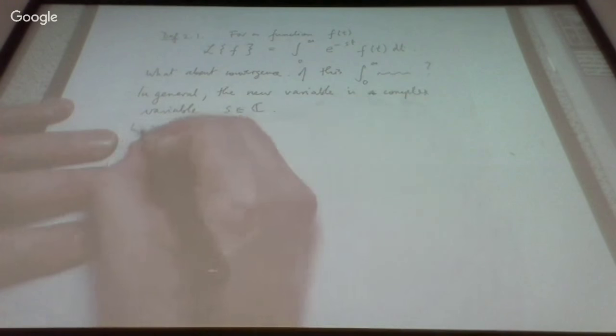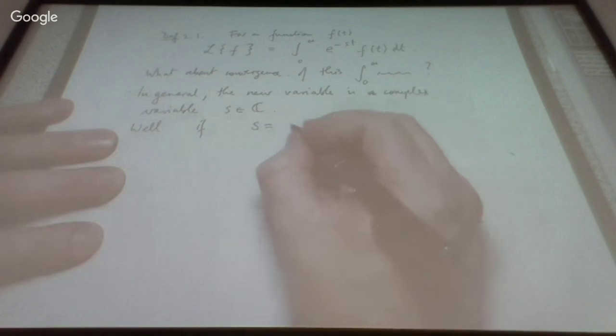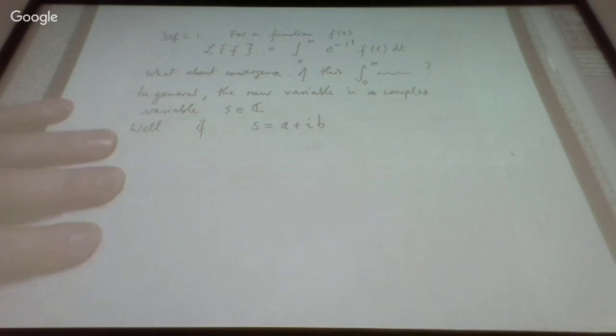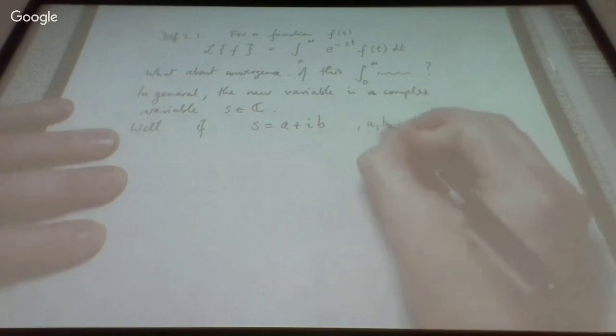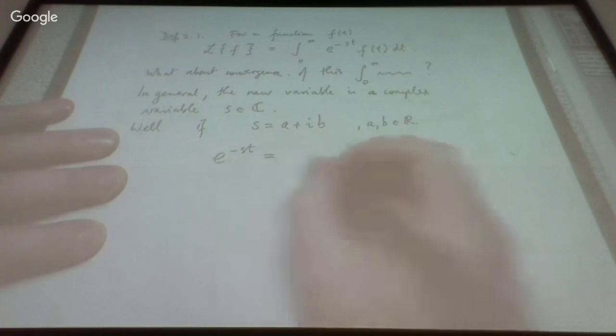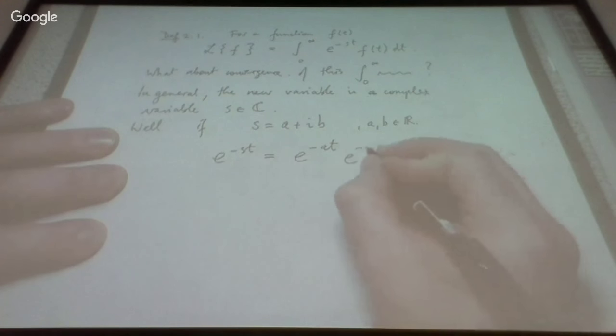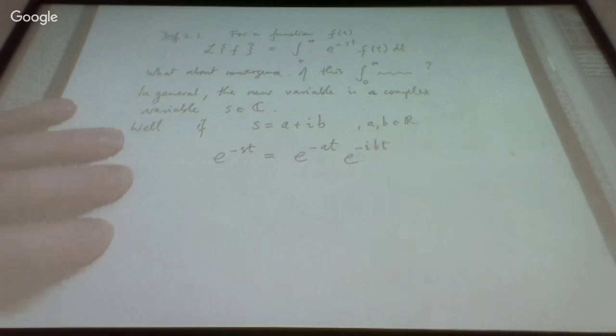Well, if s was equal to a plus ib, a and b being real numbers, then e to the minus st would be equal to e to the minus at times e to the minus ibt.